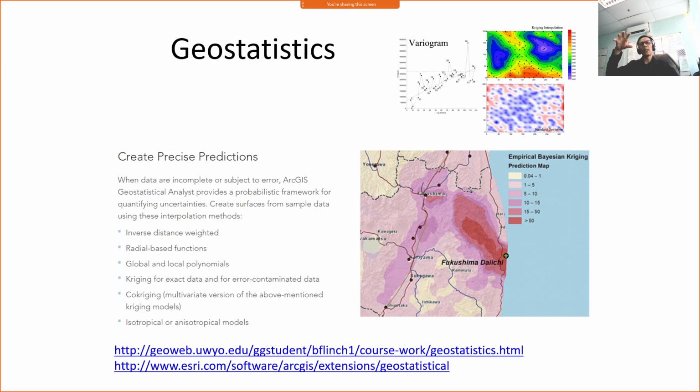So maybe we take 200 from Kota Baru, 100 in Pasir Mas, maybe 60 in Tanah Merah, another 60 in Gua Musang, and then we draw blood, and then we measure the amount of antibody for dengue. Then we can make this kind of map.